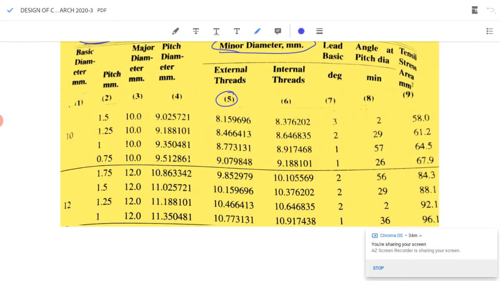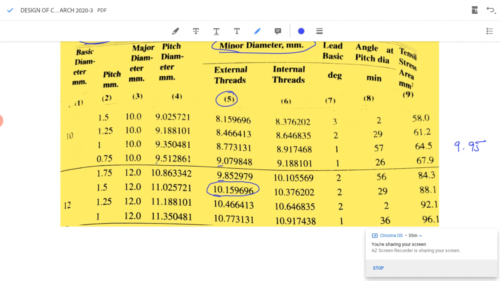When we move to that page, our required value is 9.95. So I need to select a value just higher than that. So 9.07 is unsafe, 9.85 is also unsafe. This value 10.15, this is a safer value, which is just above 9.95. So this is the optimum value.